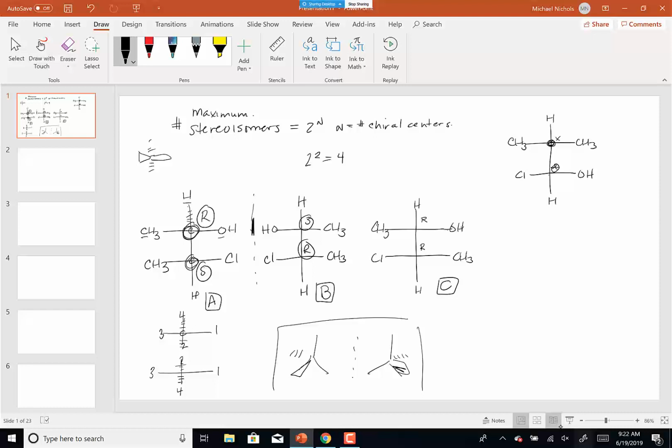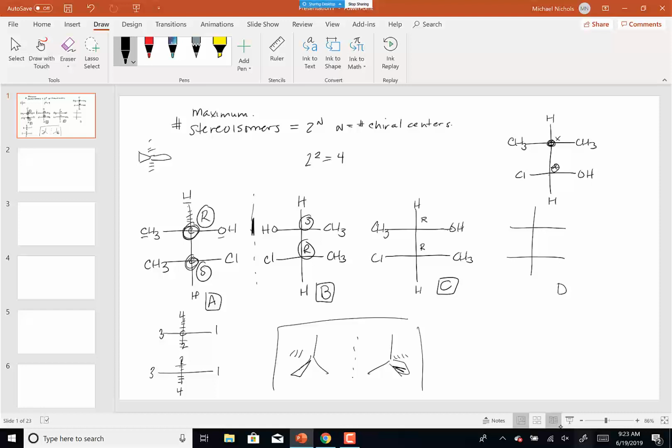Now, if you don't want to do R and R, what I could have said is, let me take the top carbon's configuration from A and the bottom carbon's configuration from B, and let me put that together to form that new structure. And we might as well draw the fourth one then, D. So what do we want D to be?